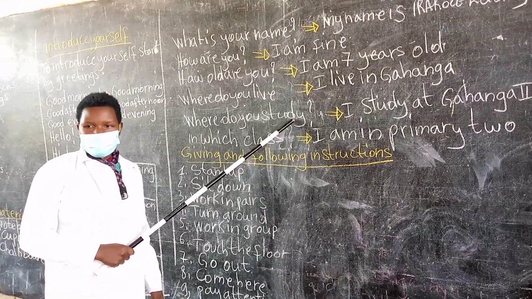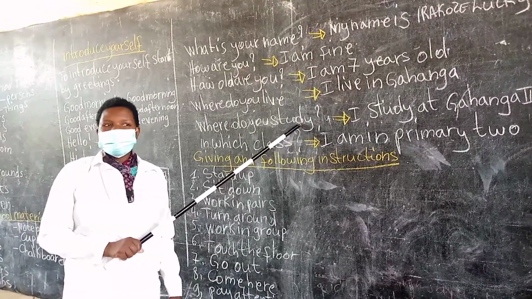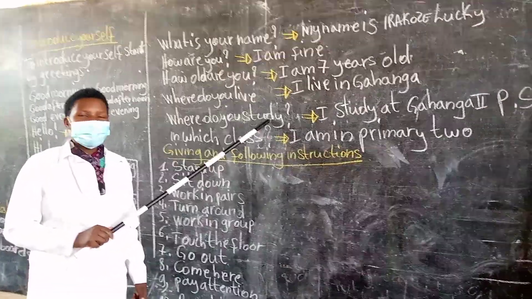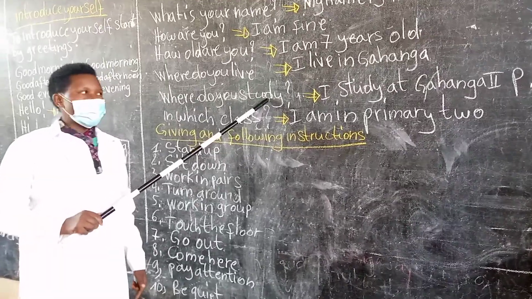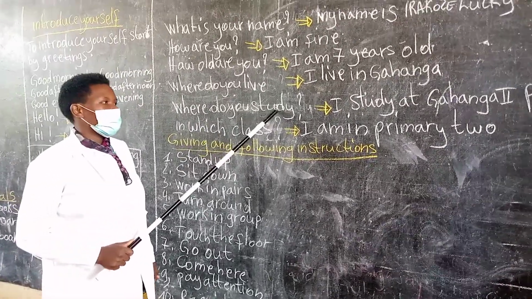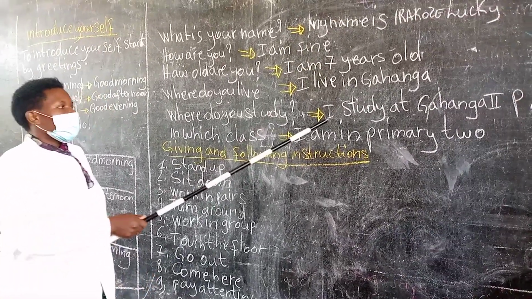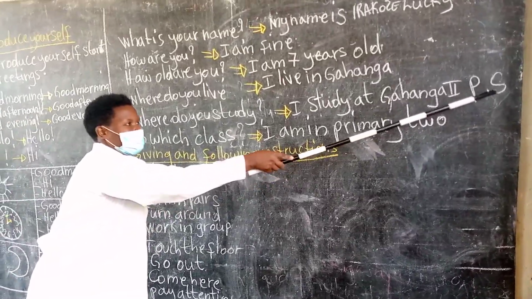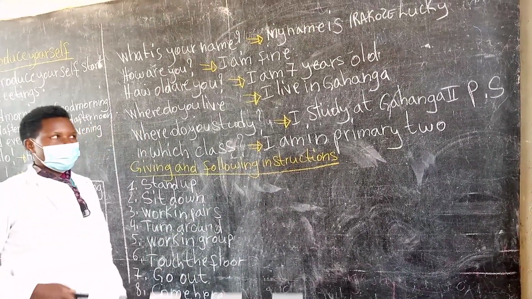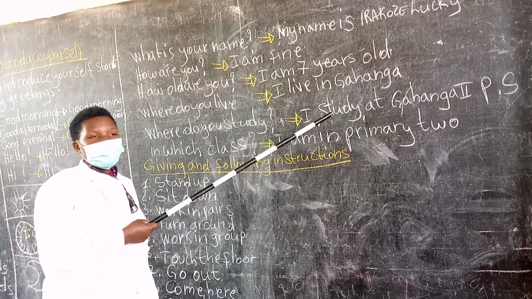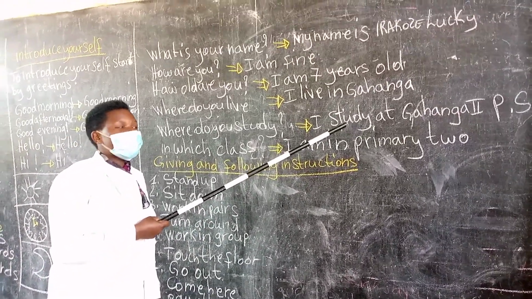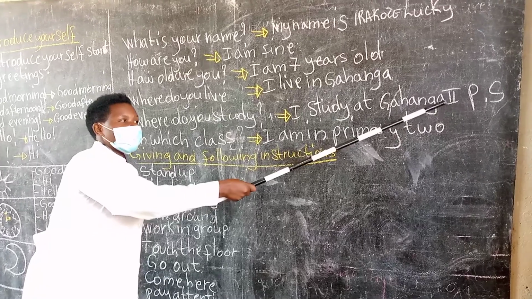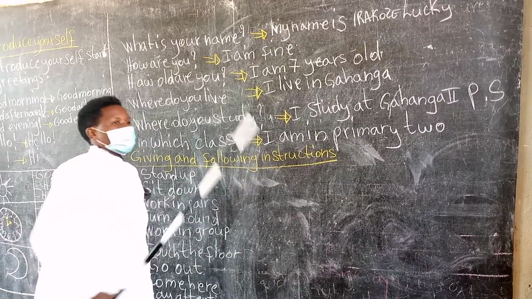Another question, where do you study? You have to ask your learner in order to see if they know their school. Where do you study? I study at Gahanga Primary School. Think that this learner studies at Gahanga Primary School.